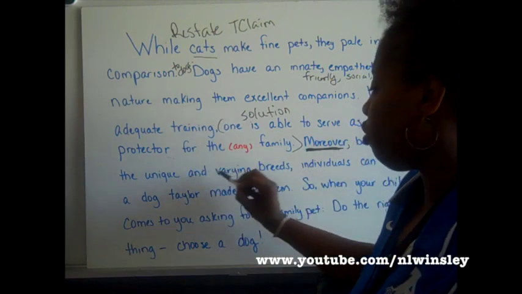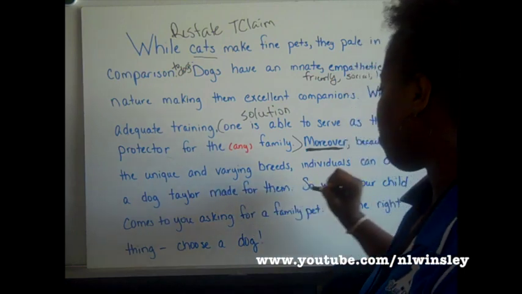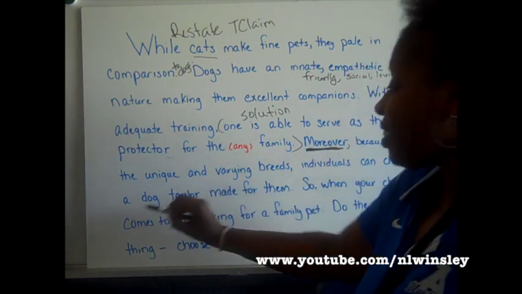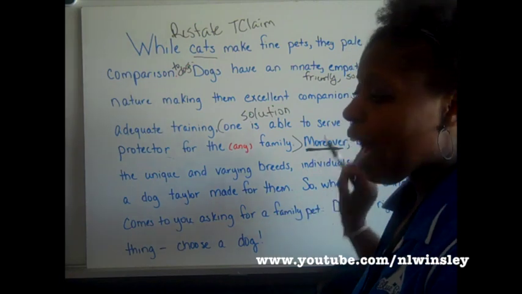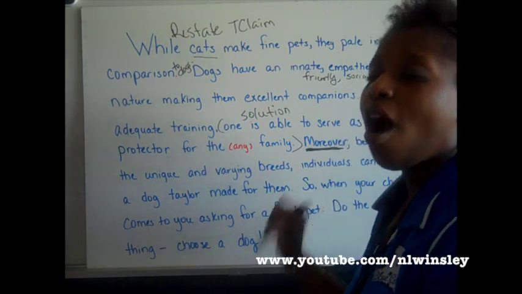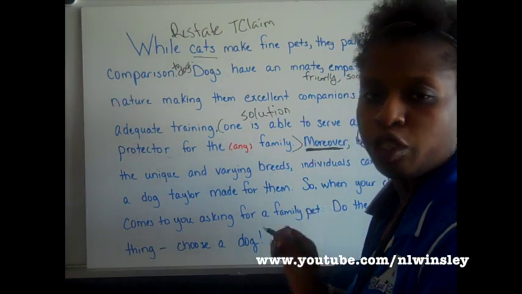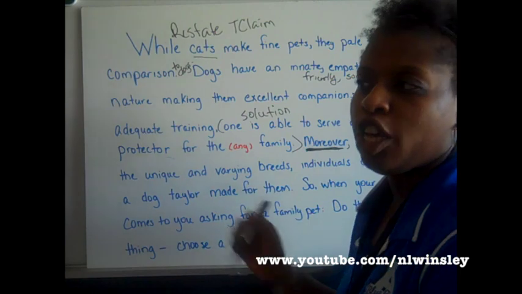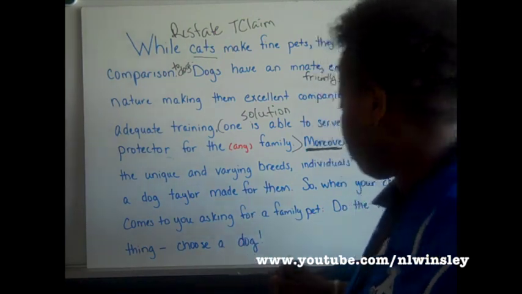Moreover, because of the unique and varying breeds, individuals can choose a dog tailor-made for them. Now, this I did not even mention in either one of my body paragraphs, but I provided additional arguments that show why my point of view should be taken more seriously than the other person the reader is reading.